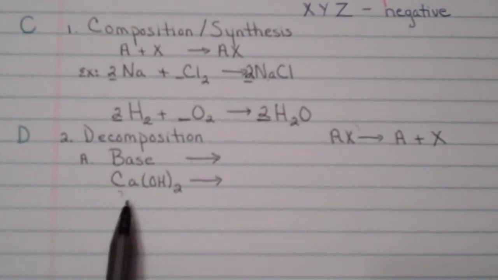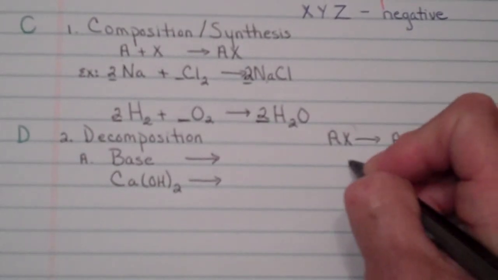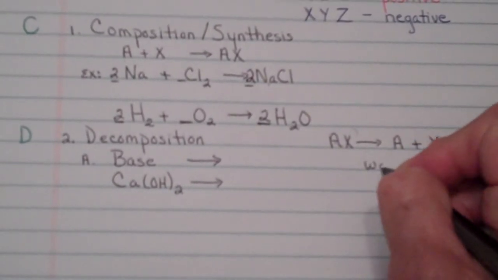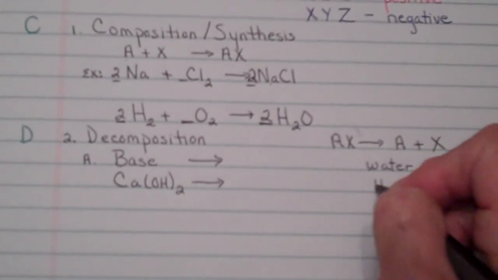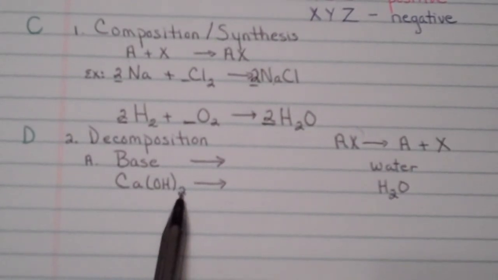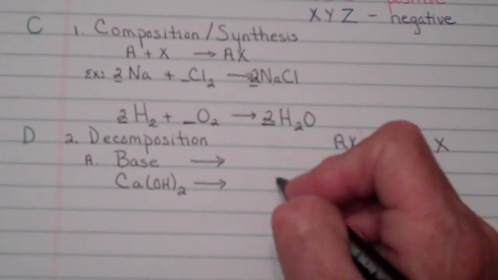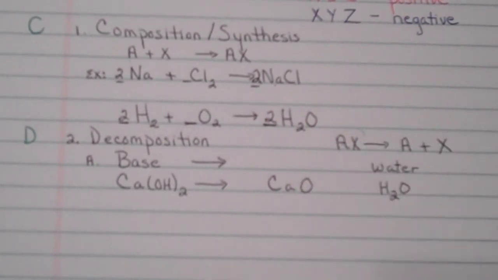So, when calcium hydroxide decomposes, what would it decompose into? Well, one of the products will be water, H2O. So just look at the formula. If you take out 2 H's, they're all gone. And one of the oxygens, that leaves us with calcium oxide.